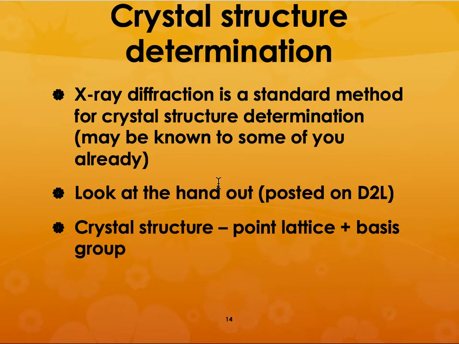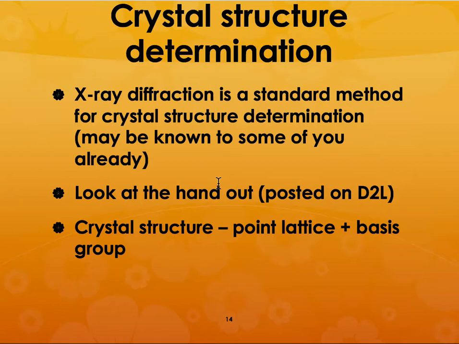So how do you correlate all this? Why is this all important? Especially when you want to calculate the crystal structure of an unknown material. The standard method for that is X-ray diffraction, and it may be known to some of you already. So I want you to take a look at the handout that we have posted in D2L.